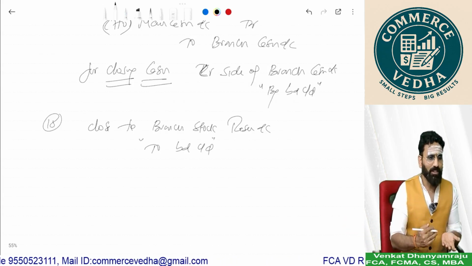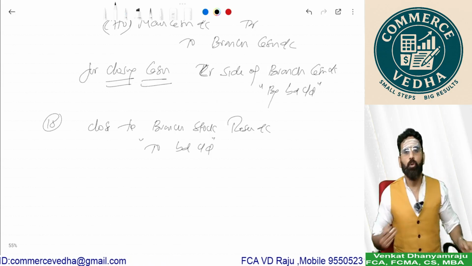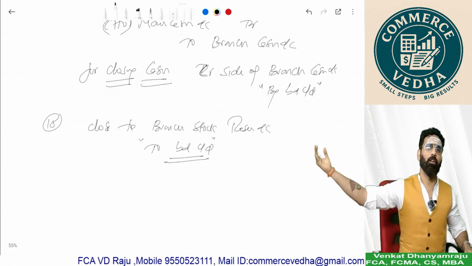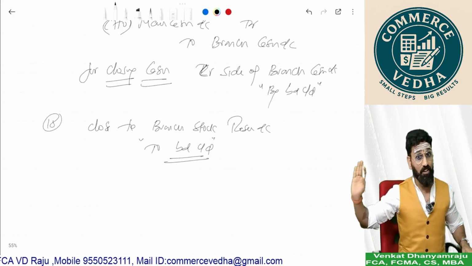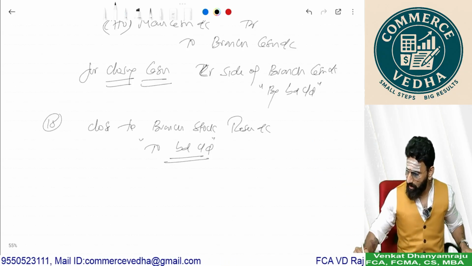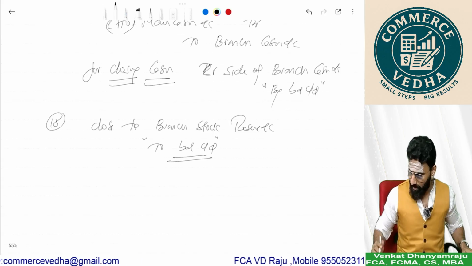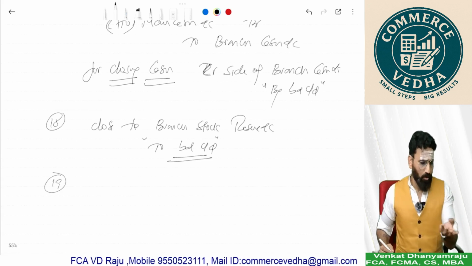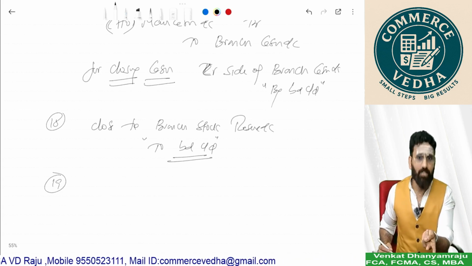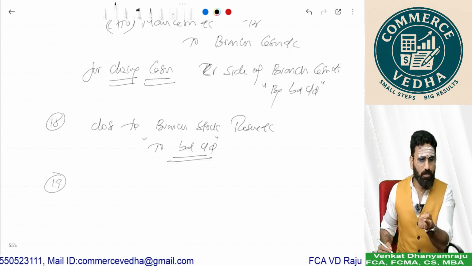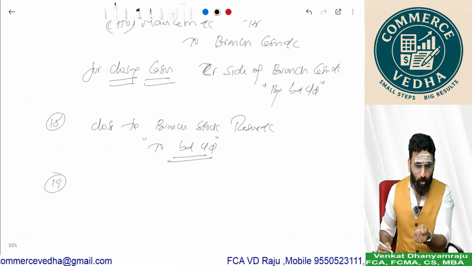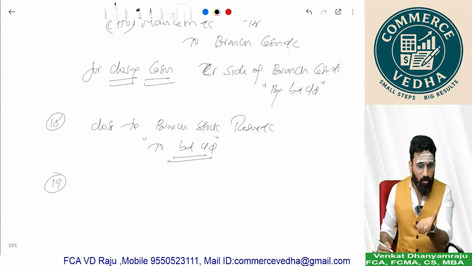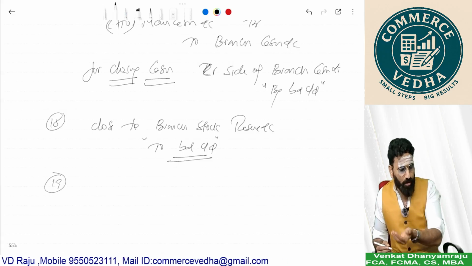So post on the debit side saying that to balance brought down, which is by balance carried down for the next year. Credit the balance. So stock reserve account also closed. Then after this, stock account closed, debtors closed, expense closed, right? Cash closed, cash also closed, right? Many accounts are closed one by one, 1, 2, 3, 4.